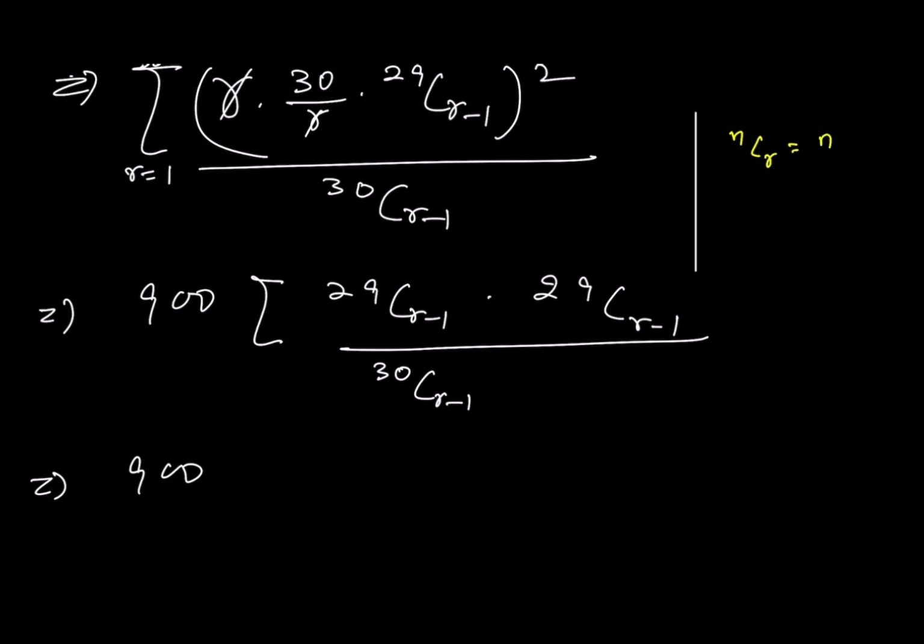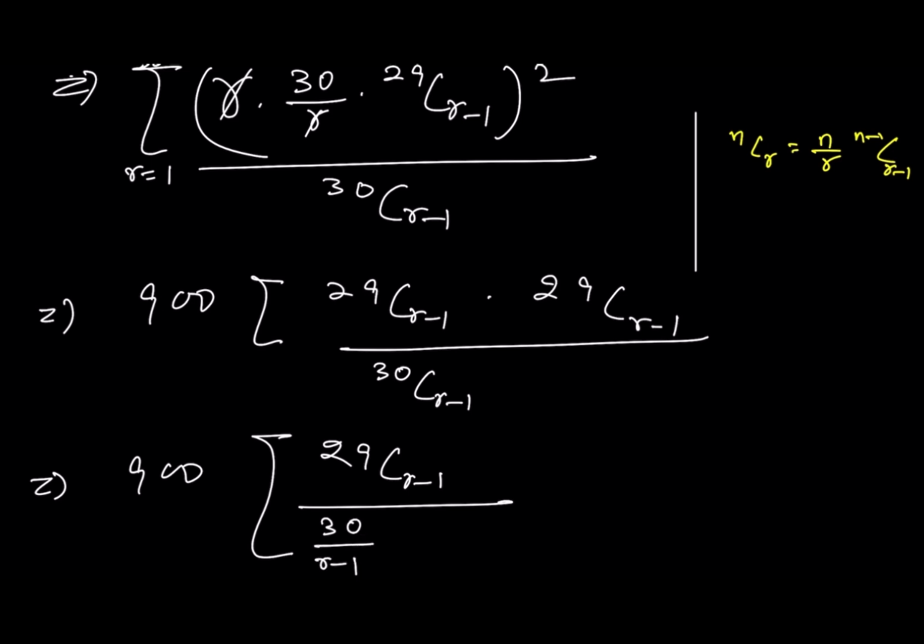Now again I will use that formula: nCr can be written as n by r, (n minus 1)C(r minus 1). So 29C(r minus 1) on 30 upon r minus 1 into 29C(r minus 2) into 29C(r minus 1).